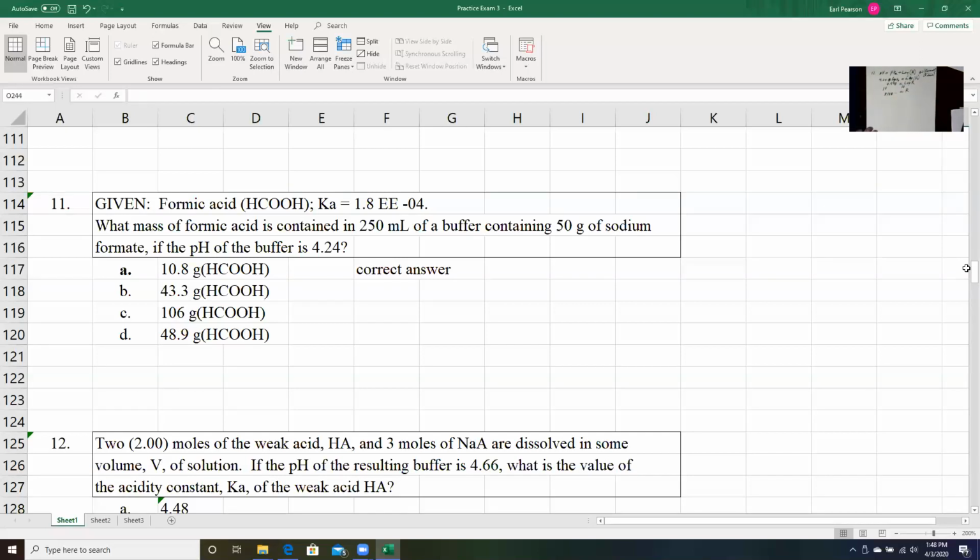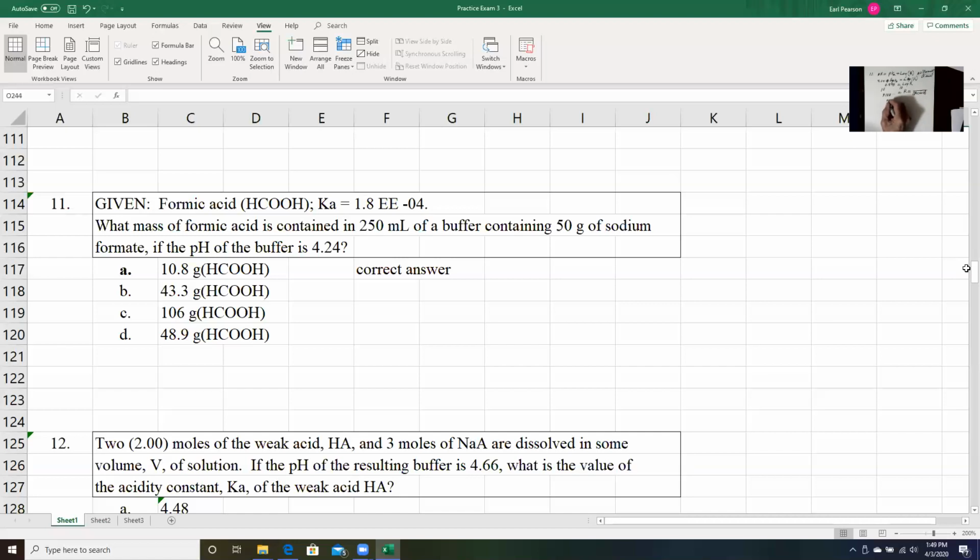Now, let's plug that into our ratio and what we were asked to find out. We're asked to find out what mass of formic acid. So I'm going to get the concentration of the formic acid. That I don't know, but I must know the amount of the buffer in sodium formate.